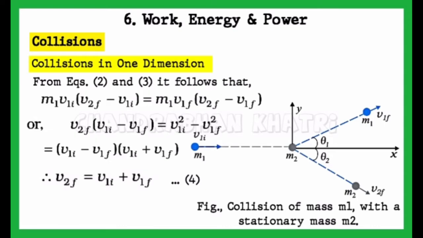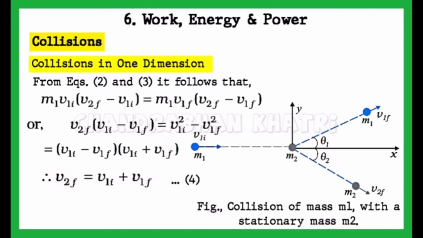From equation 2nd and 3rd, it follows that m1 v1i into (v2f minus v1i) is equal to m1 v1f into (v2f minus v1f), or v2f into (v1i minus v1f) is equal to v1i square minus v1f square.